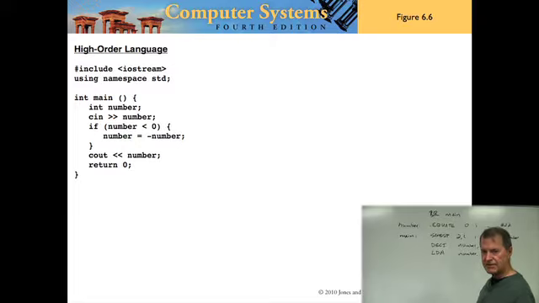It says N and Z. So it will set the N bit to 1 if the number that it loaded was negative, and it will set the Z bit to 1 if it's all zeros.